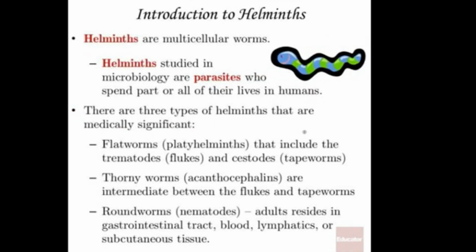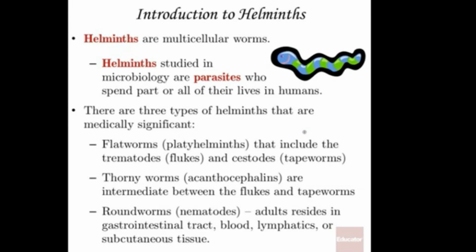So helminths, again, are multicellular worms, and they're parasites. And as we remember from the parasite lecture, what that means is that part of the life cycle is spent in the human host. And in this case, these helminths spend part, if not all, of their life in the human host.